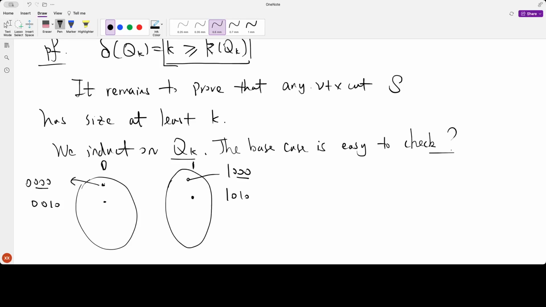So here you can find that there is actually a matching between all these vertices.